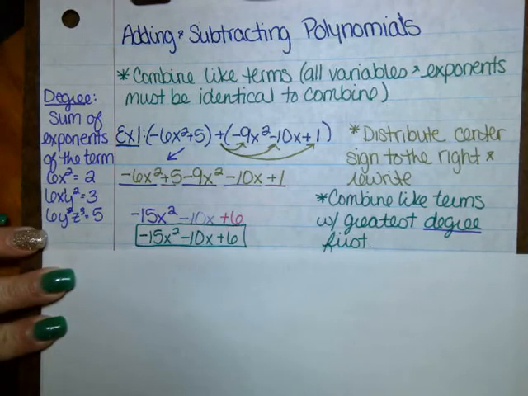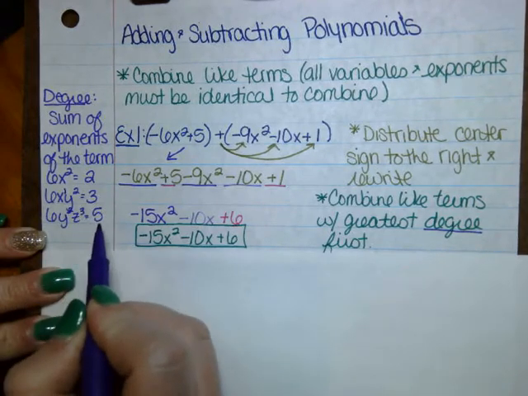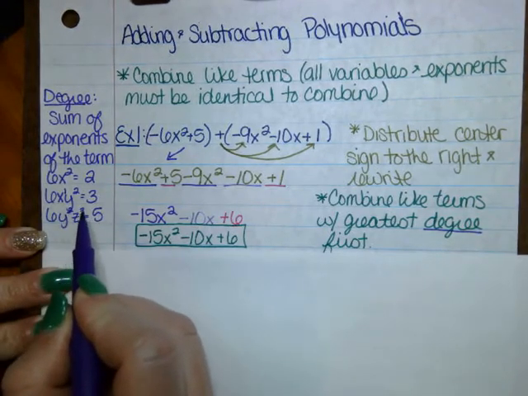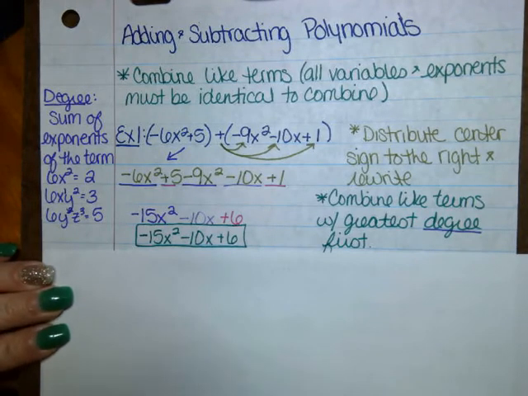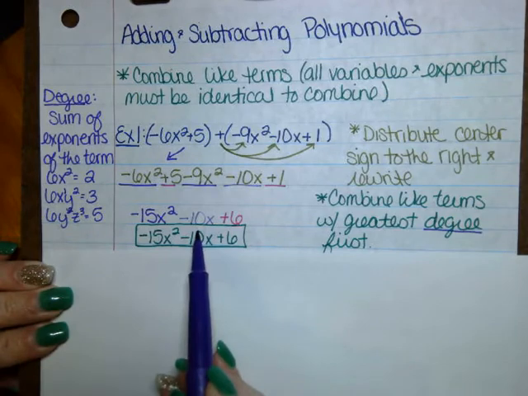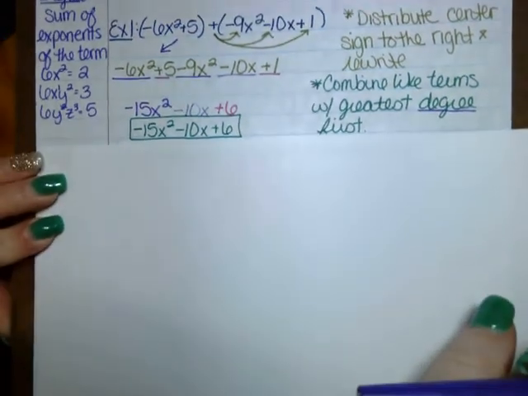For 6y squared z to the third, this is going to give me a degree of 5 because I have 2 and 3, which is going to give me that 5. In this case, it was already written in correct degree form, so you don't need to do anything else.